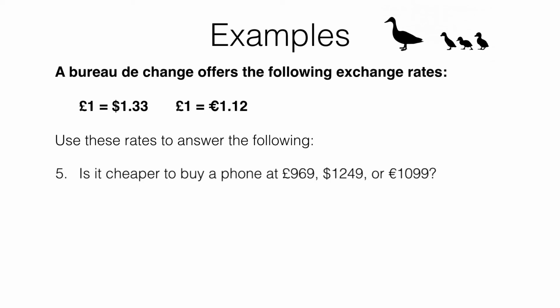That's because turning dollars into euros or euros into dollars involves a 2-step process, like we've seen in the previous questions. But turning dollars or euros into pounds only involves a 1-step process because we've been given a direct conversion between pounds and dollars and between pounds and euros. Pause the video and have a go for yourself.